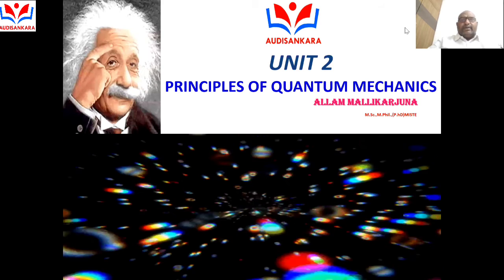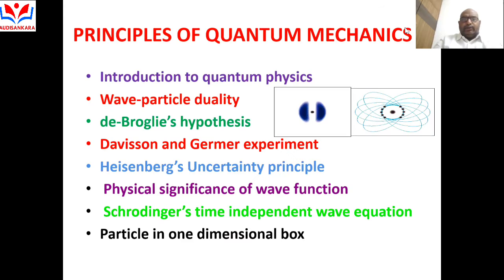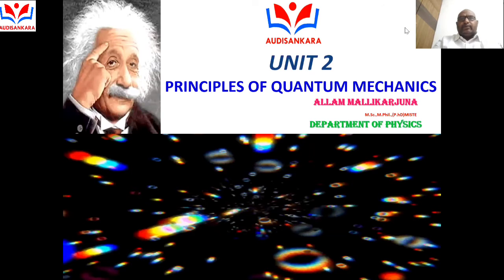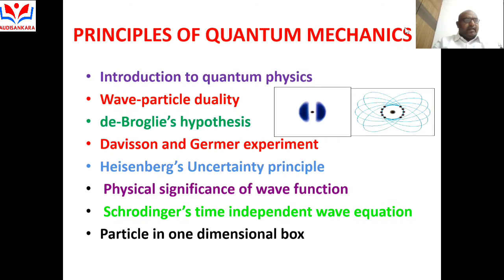Yes, my dear students, today I would like to discuss Unit 2, Principles of Quantum Mechanics. In quantum mechanics, phenomena like interference, diffraction, polarization of light, etc. are explained on the basis of the wave nature of light.